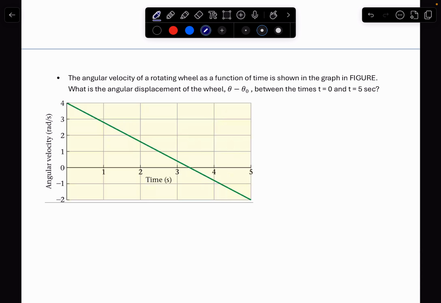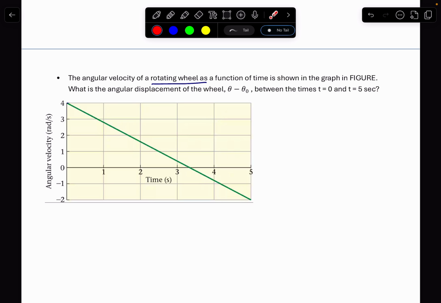So we are told that the angular velocity of a rotating wheel is shown in this graph. The angular velocity starts at 4 and it goes all the way to -2.